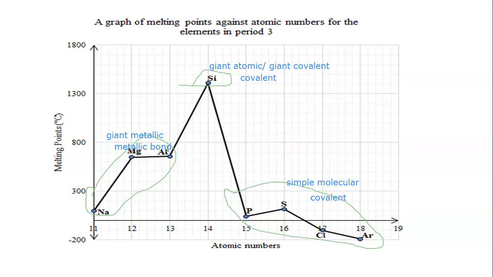But for the melting point, there's an anomaly. There's no sharp increase between magnesium and aluminium because aluminium, instead of contributing 3 electrons towards the metallic bond formation, contributes 2.